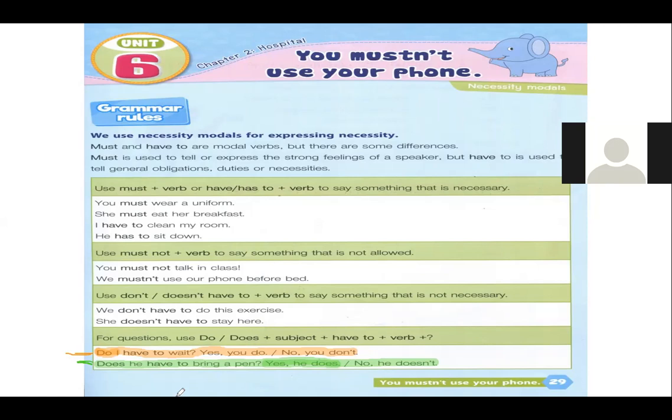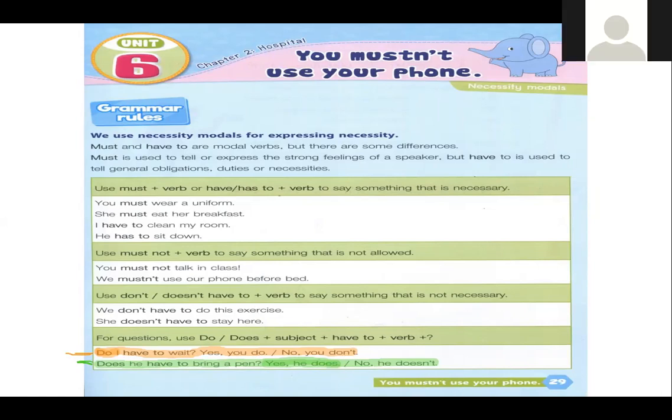Shen, can you read the bottom one for me? Shen, can you read the bottom one? Yeah, the green one for me, please. Shen, are you here? Okay, maybe not here.